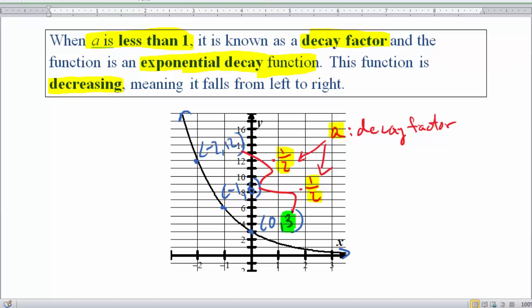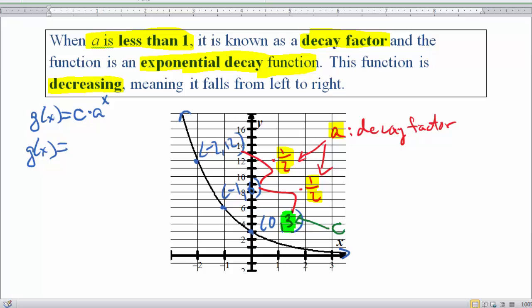The y-intercept, that's always going to be your c value. So if we're going to write the equation of this function, it would be g of x equals c times a to the x. We're always using this as our general equation for an exponential function.